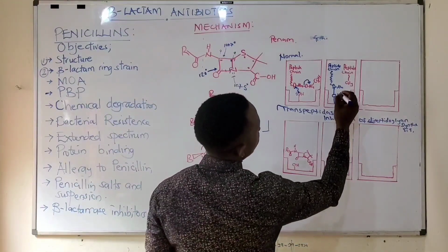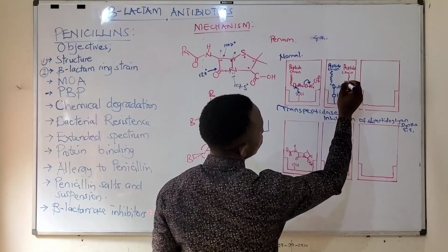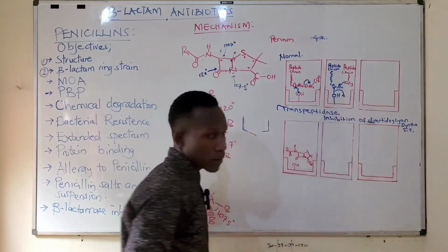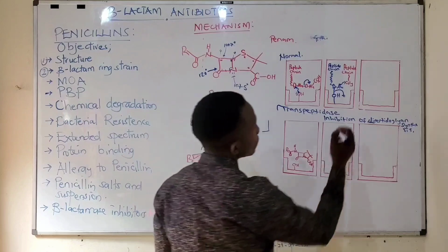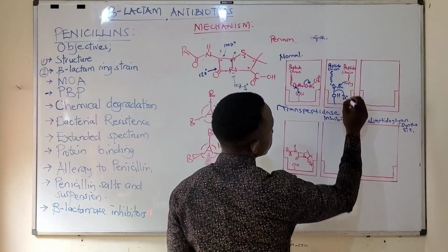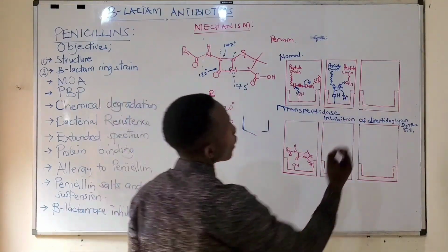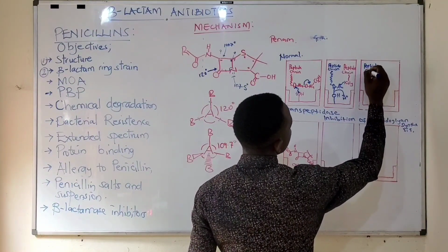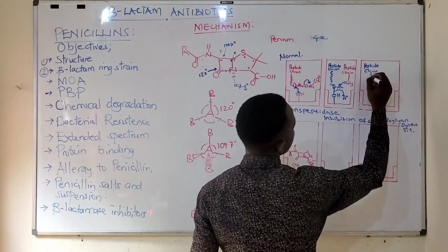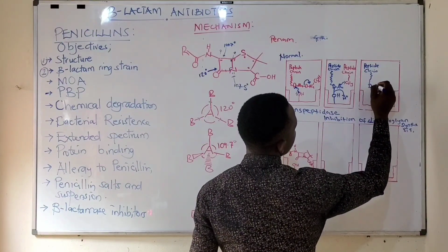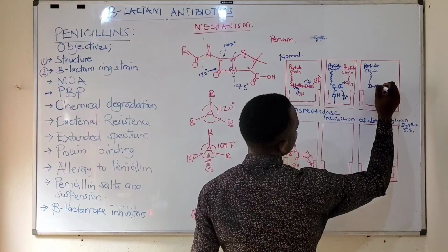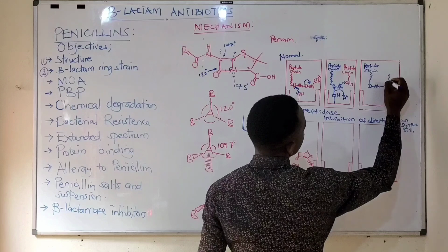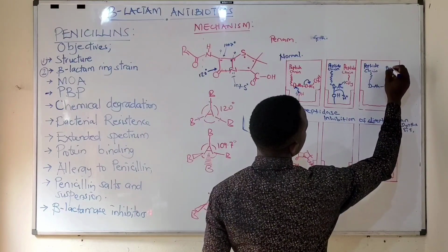So, as this glycine forms a bond with this D-alanine, this one will break off. When it breaks off, it will take the proton. So we shall have our peptide chain with the D-alanine bonded to glycine, and this glycine is on another peptide chain.